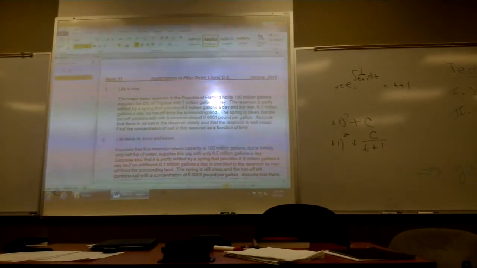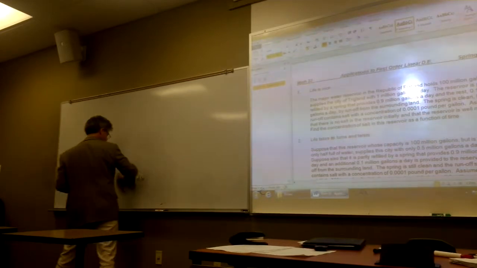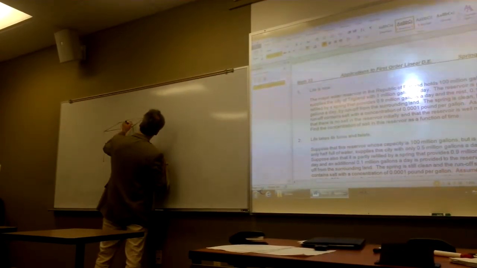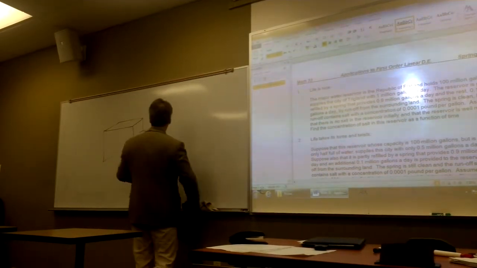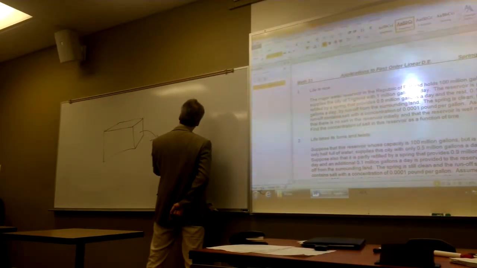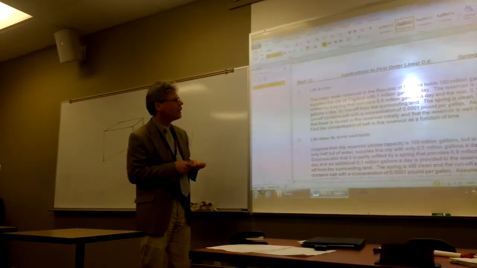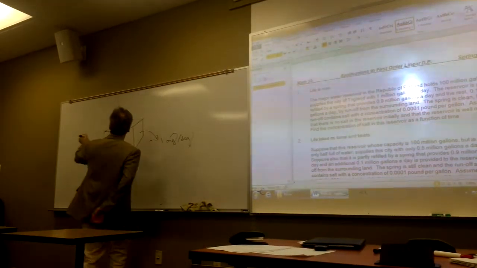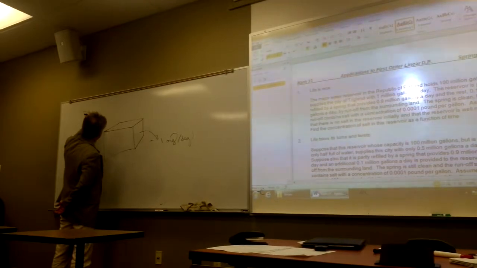And in my picture, here's my reservoir, and it's supplying the city of Triglav with 1 million gallons per day. Now the reservoir is partly refilled by a spring that provides 9/10 of a million gallons per day.